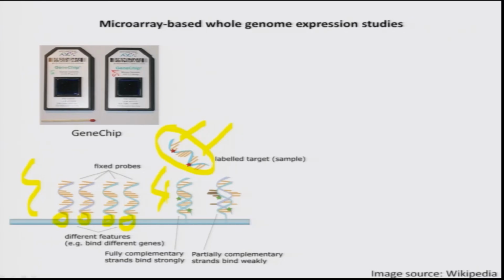Because you are going to pass them through a certain temperature, only the perfectly paired complex will stay there, others will be washed out. Now if you are getting any signal from this spot, that means the RNA is bound there. How much is the signal? That will tell you how many copies are present. So this is the way you are able to measure whether a given gene is expressed and what is the expression level.